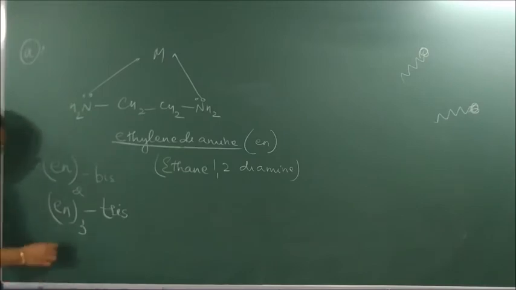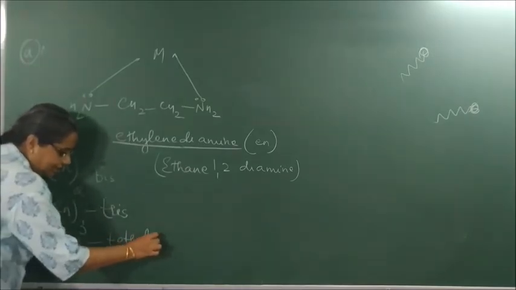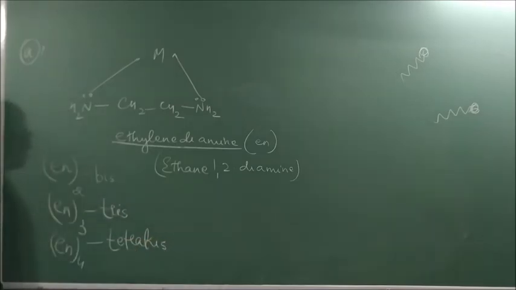If repeated 4 times, tetrakis. Then pentakis for 5 times, and 6 times hexakis. So bis, tris, tetrakis, pentakis, hexakis. Clear?